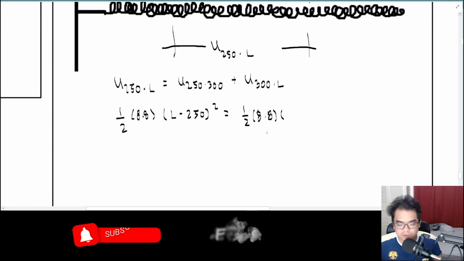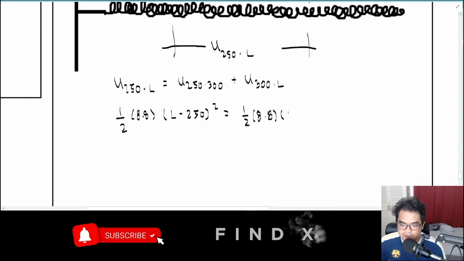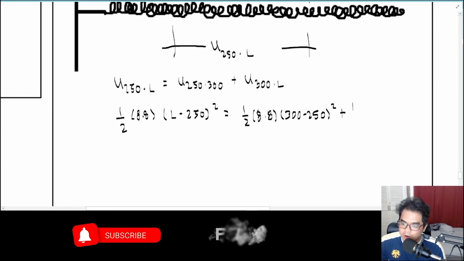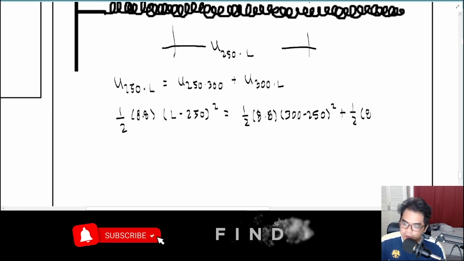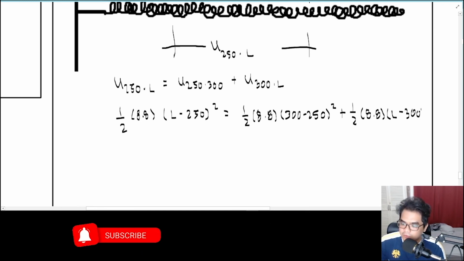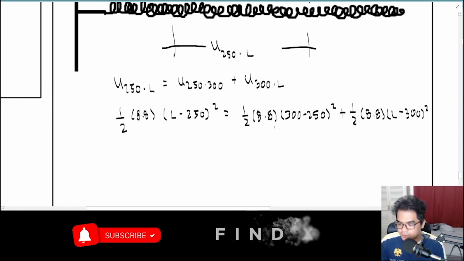The formula that I'm using is 1/2 Kx squared. So 1/2 times 8.8 times the displacement, 300 minus 250 squared, plus 1/2 times 8.8 again times L minus 300. And as you can see, you only have one missing, which is the L.